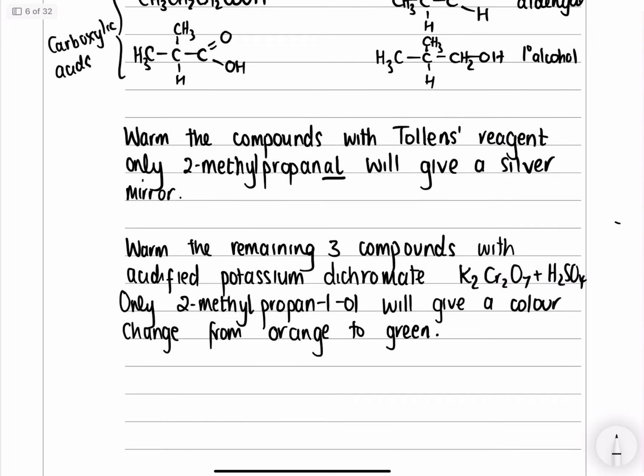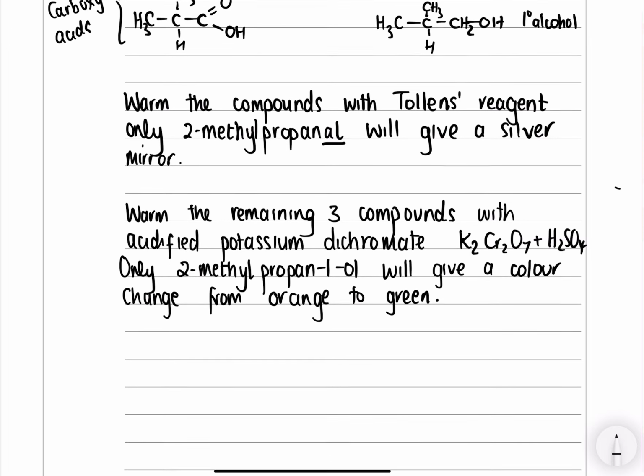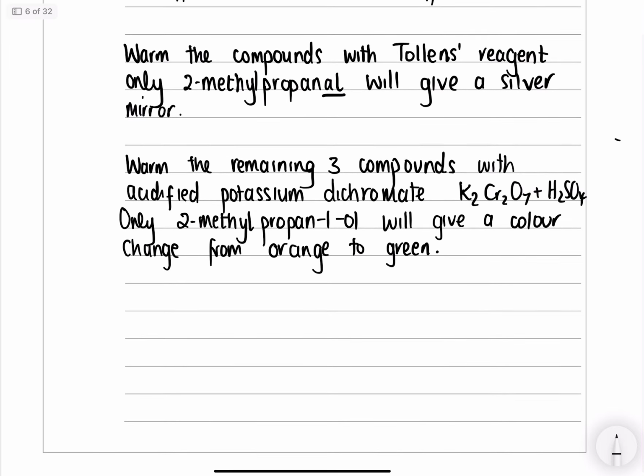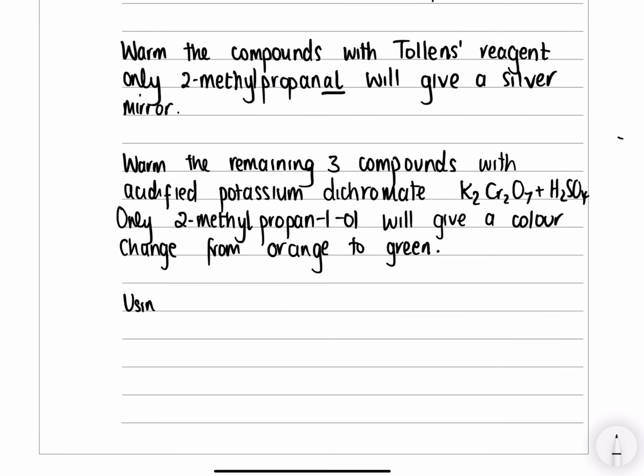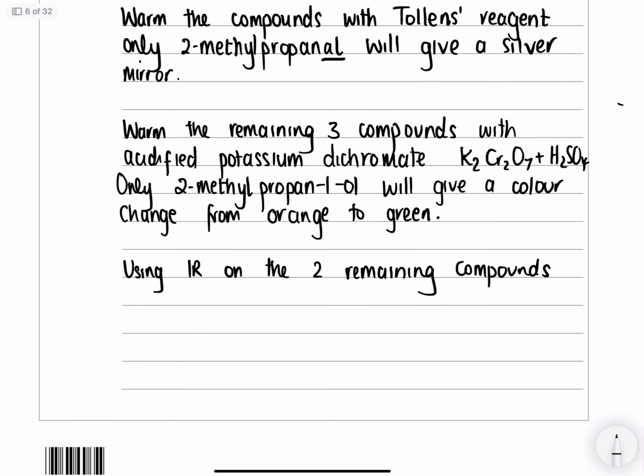So we are going to be using infrared, but we need to not be looking for the specific peaks of the functional group because they've got the same functional group. So using infrared on the 2 remaining compounds, both would have the OH carboxylic acid peak, both would have the C double bond O peak, so that's not going to help us.